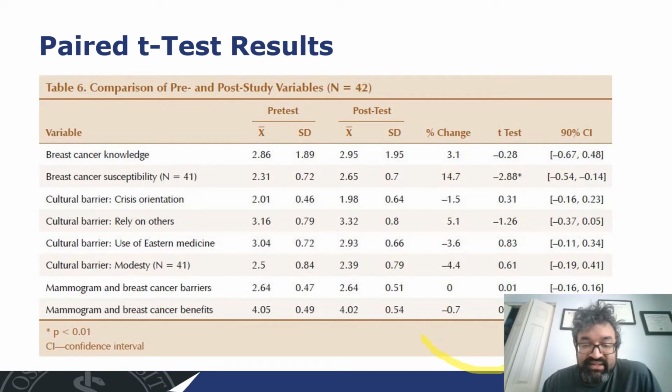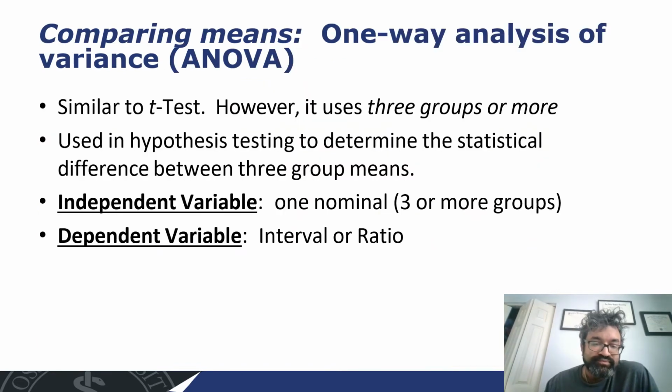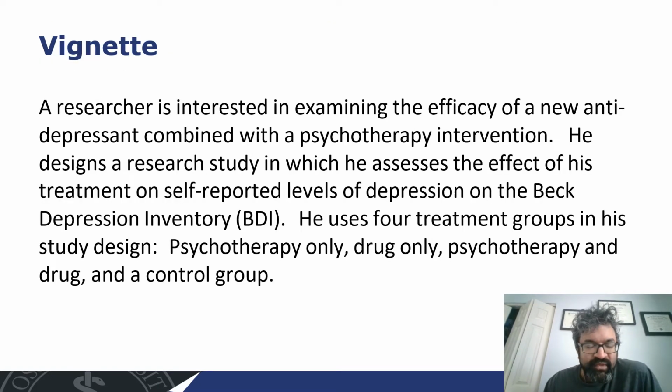So moving on to the next slide. So similar to the t-test, there's 3 or more groups, independent variable, 1 nominal with 3 or more groups. Now ethnicity fits the bill here a lot better. And then dependent variable, we can still use age, so age and ethnicity. So we go into a vignette.